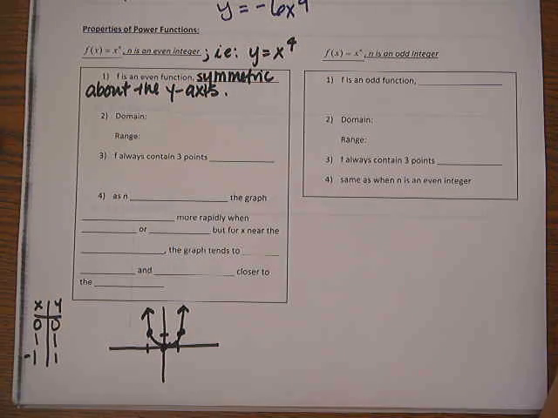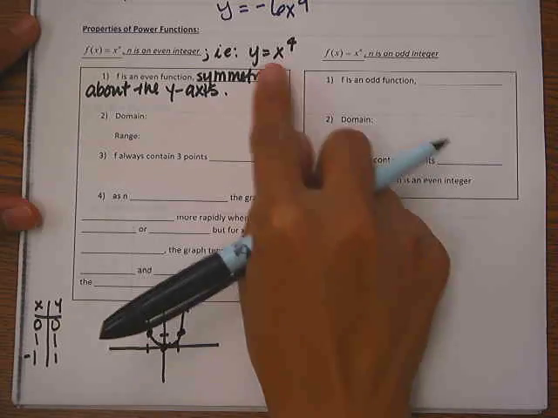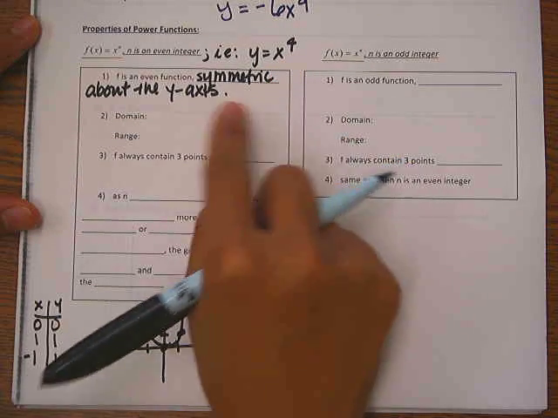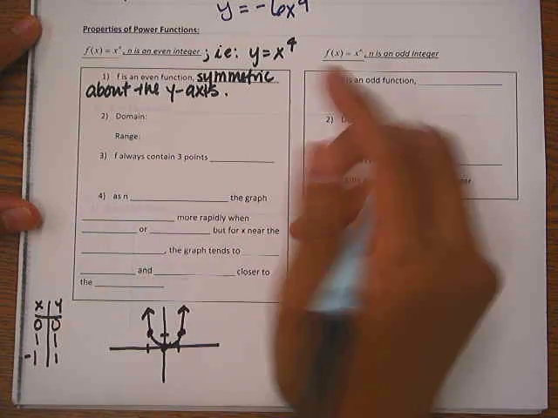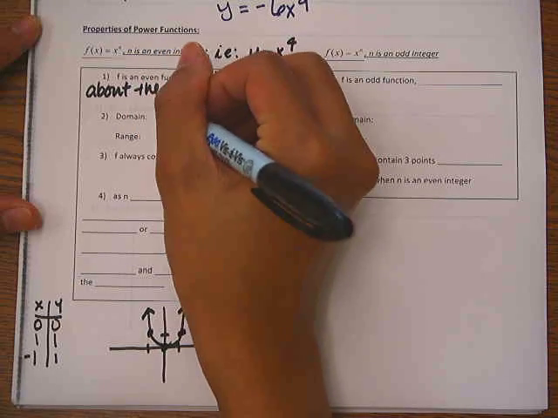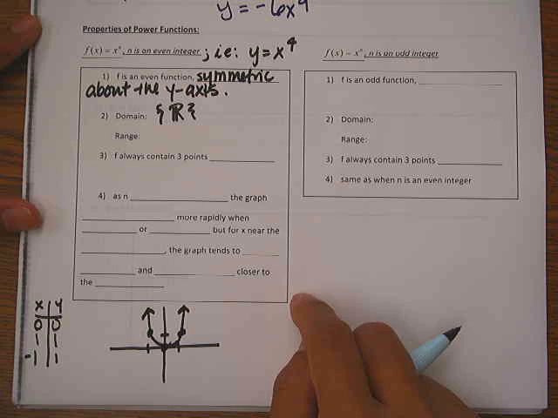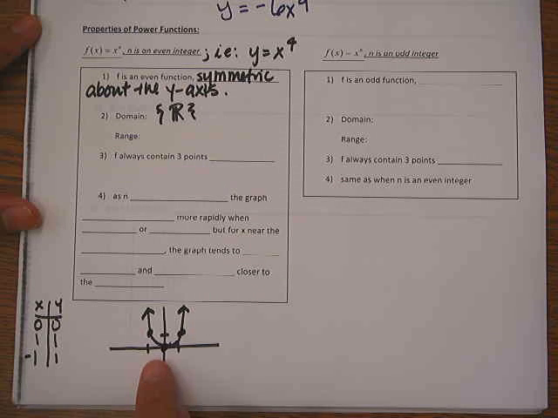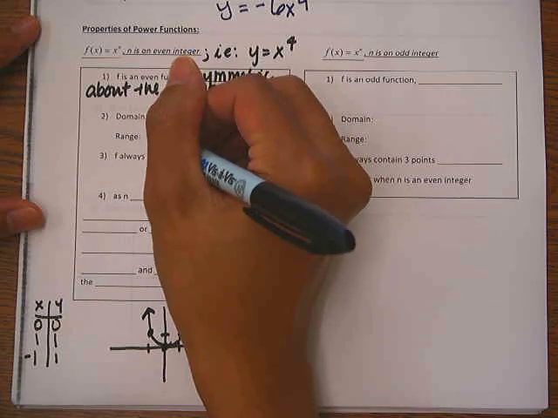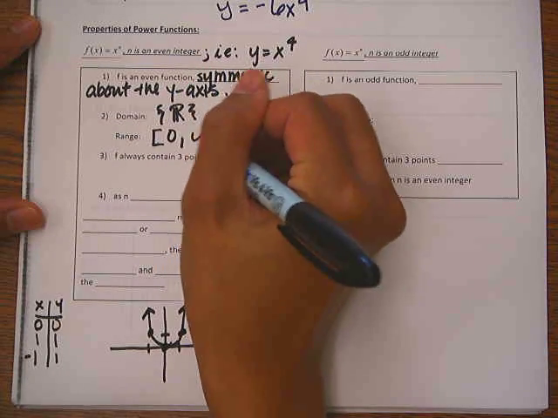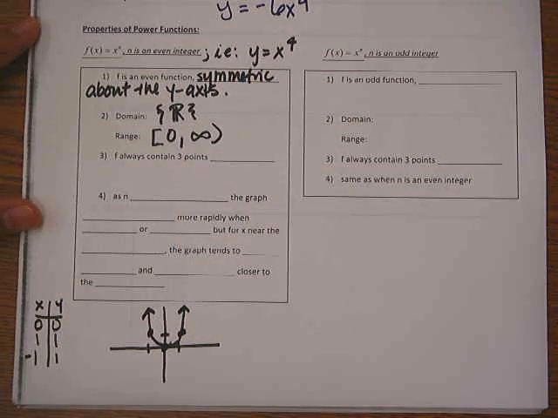Okay. Because it is a polynomial, the domain is simply all real numbers, okay, based on our definition of a polynomial. The range, the smallest value is 0, and it shoots all the way up. So we are including 0 all the way to positive infinity.